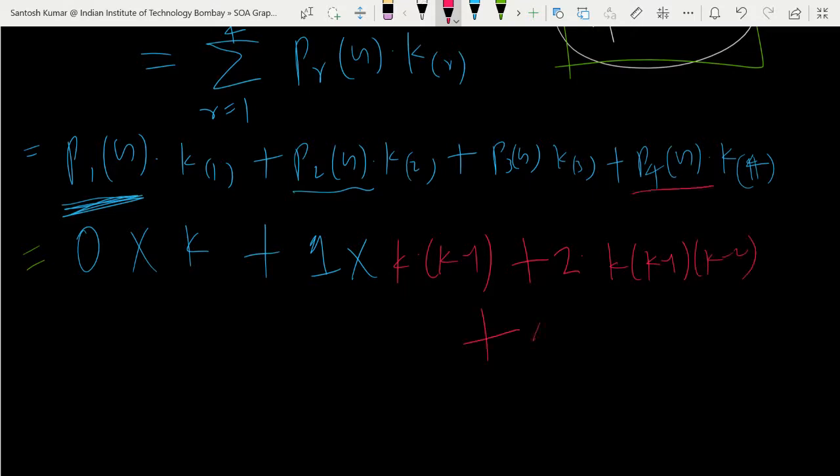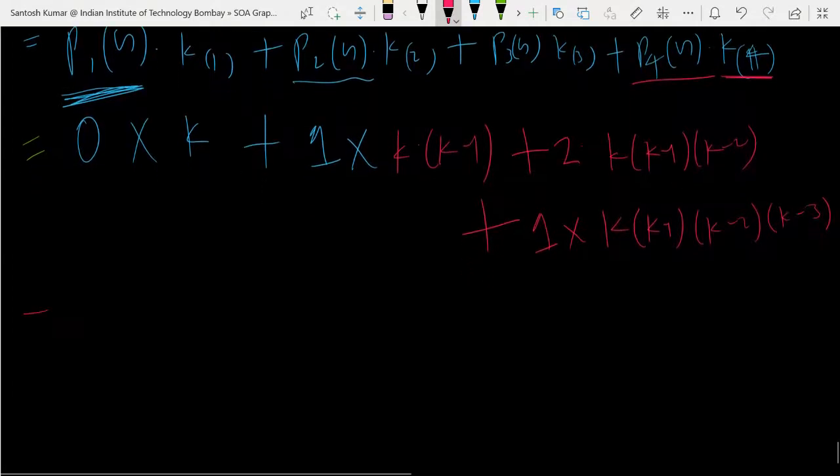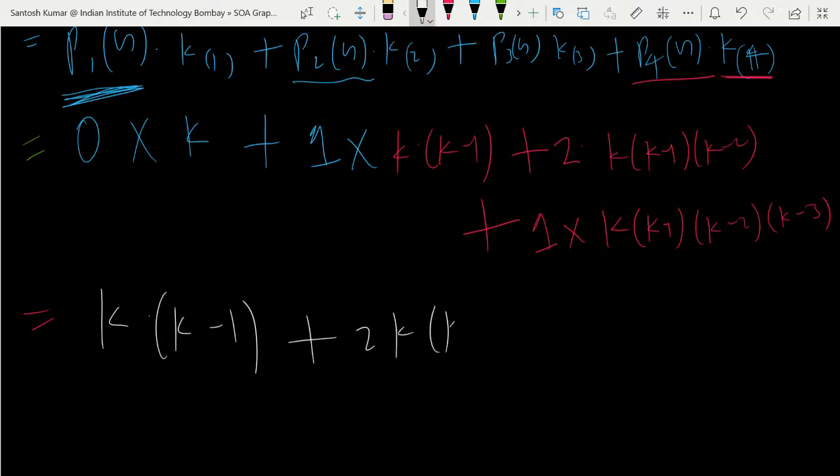And again P4 it was 1, and K4 is K, K minus 1, K minus 2, K minus 3, 4 terms in the product. Now let's simplify this.